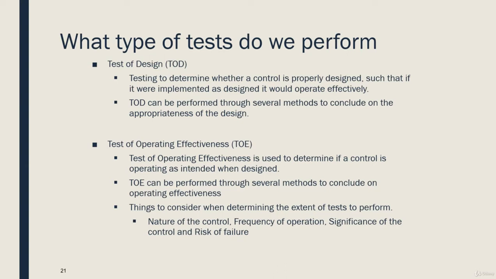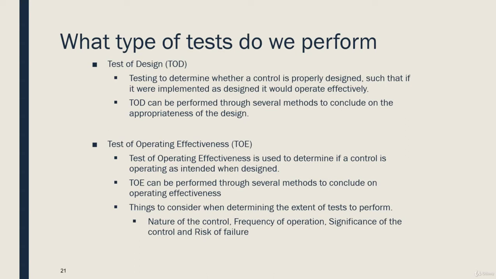The test of design can be performed using several methods so that we can conclude on the appropriateness of the design, and we'll go over that in the next slide. The test of operating effectiveness comes after the test of design, and it's used to determine if the control is operating as intended when it was designed.